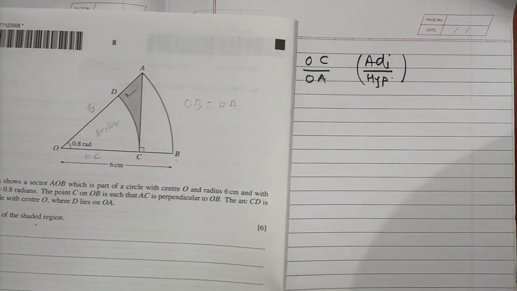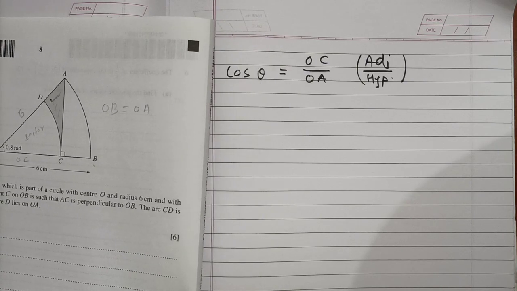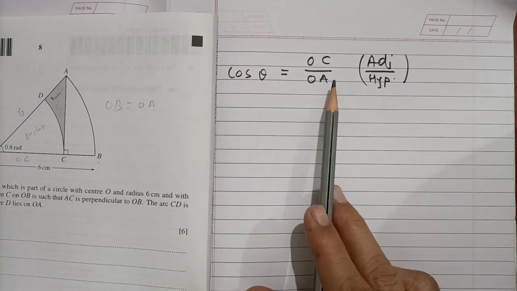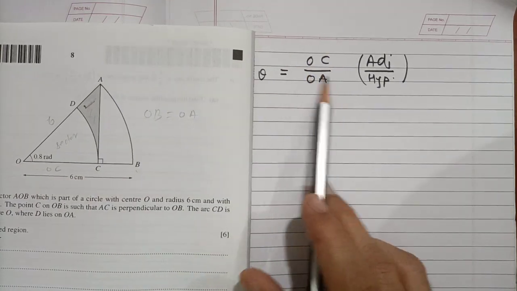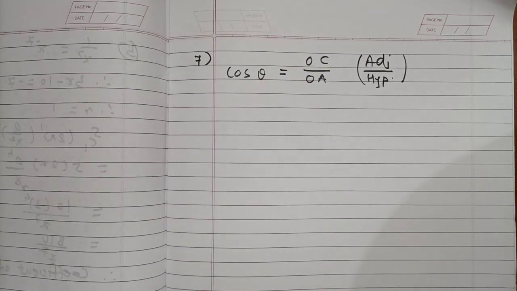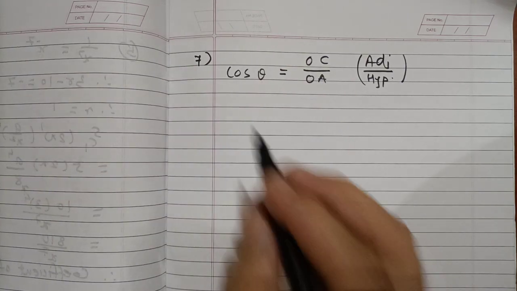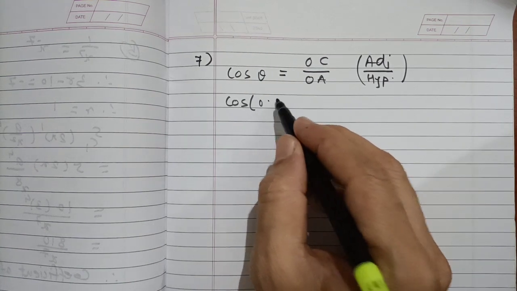So cos theta is equal to OC, adjacent, divided by OA, hypotenuse. Now theta is given in radian, which is 0.8.